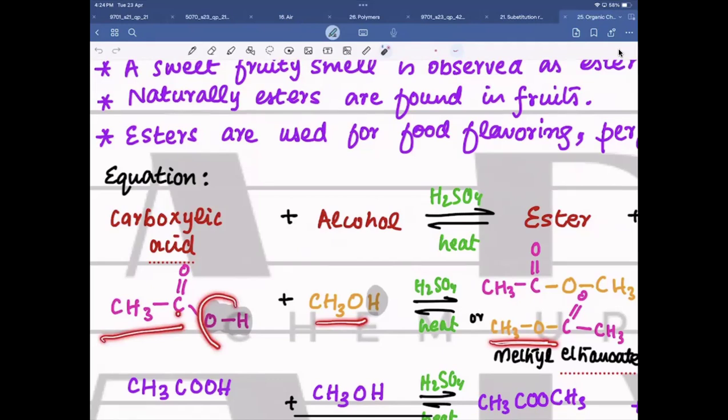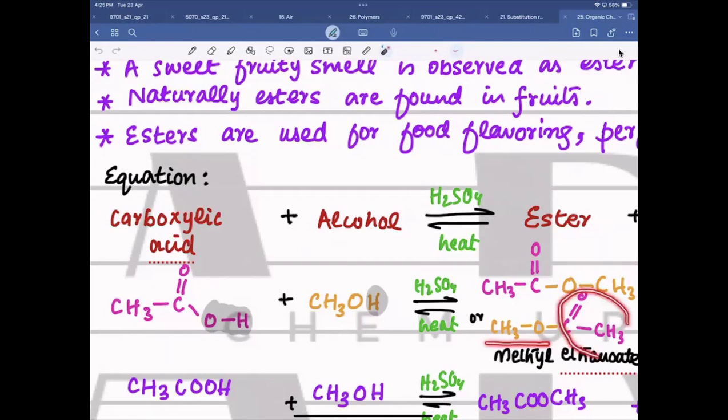So this carbon is flipped over here because this carbon is going to bond with this oxygen. So it can be written either way. If you start with the carboxylic acid, you have to flip the alcohol part. If you start writing the ester with the alcohol part, you will flip the carboxylic acid. Is this clear?